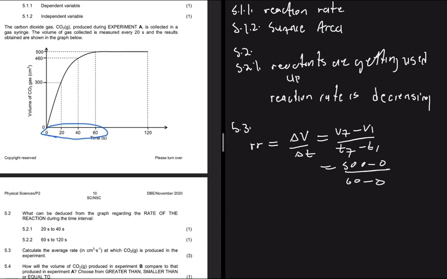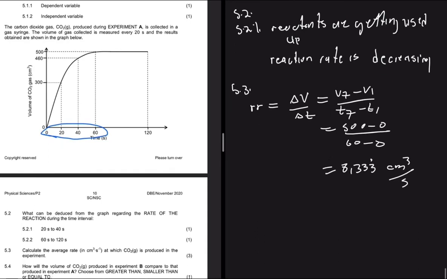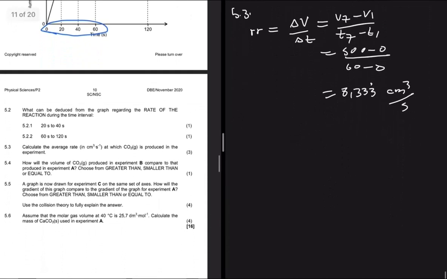So let me just punch that in my calculator. We have 500 divided by 60, which is 8.33 recurring cm³ per second. And then we are done.